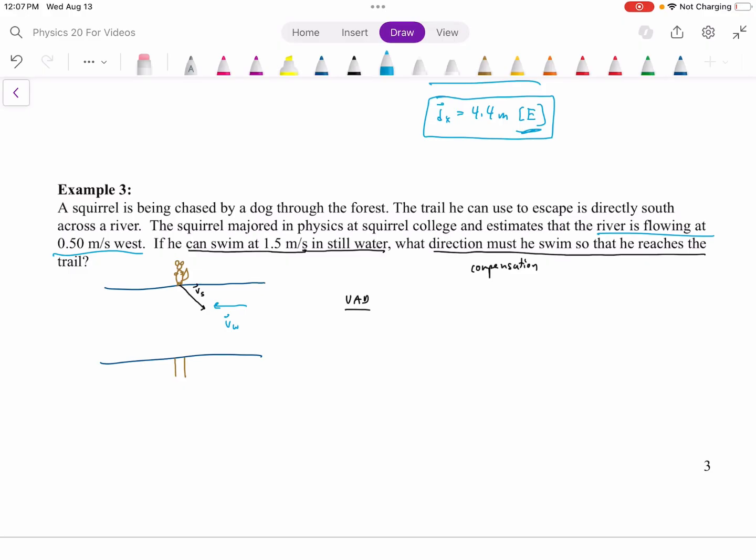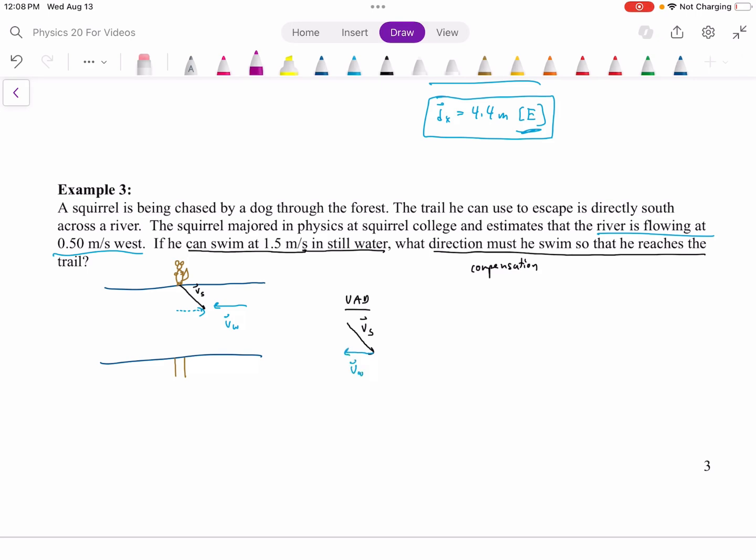And now again, the whole reason for doing that is so that now the x component of the squirrel's velocity, how fast they're moving horizontally, will cancel out the water's velocity, which is also in the x-axis. So that overall, what the squirrel ends up doing is going straight across, right? When we draw our VAD, we can see that a little more clearly here. So if I take the squirrel's velocity off at some angle and add the water's velocity tip to tail, right?